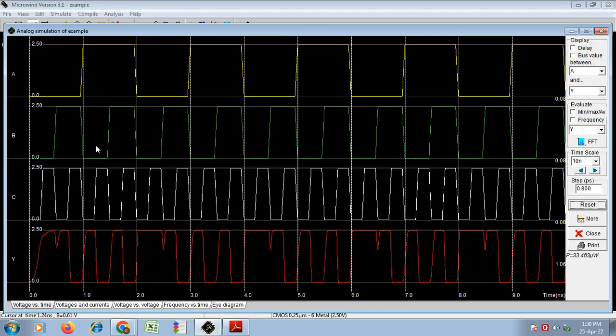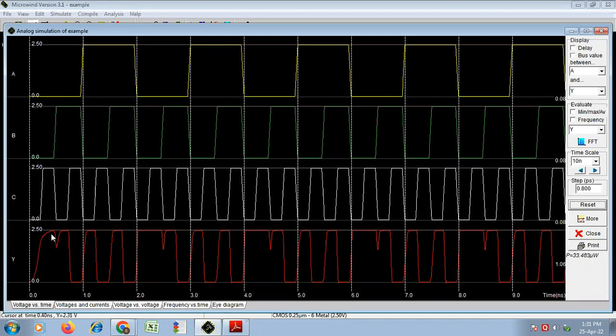Now here is the case. What is the expected output? You have to tally for each and every case. First consider this case: A is 0, B is 0, C is also 0. For all 0, output is 1. Now second case: A is 0, B is 0, and C is 1, that is 0, 0, 1.